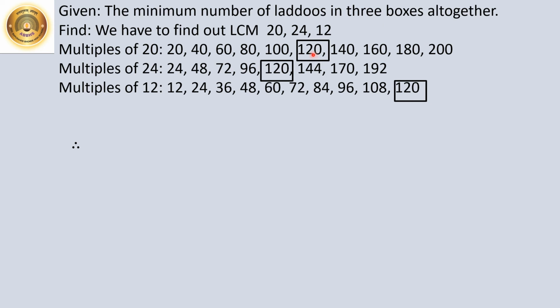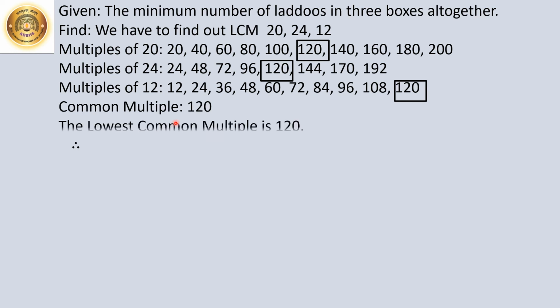See here students, 120 is a common multiple among multiples of 20, 24 and 12. So write common multiple 120. The lowest common multiple is 120. So LCM is 120.